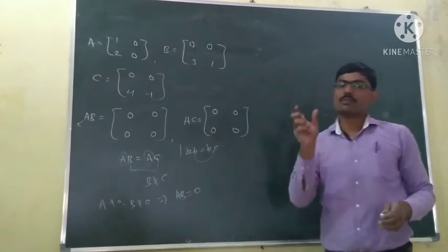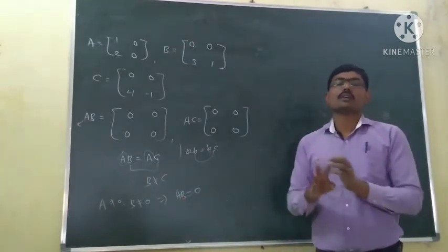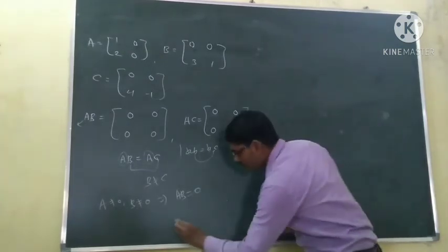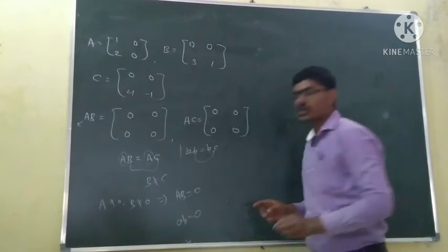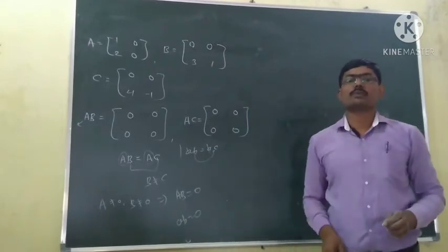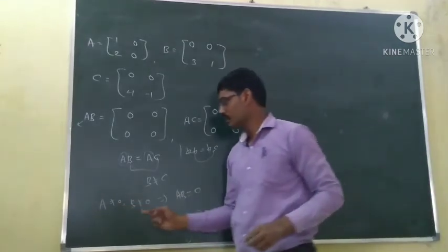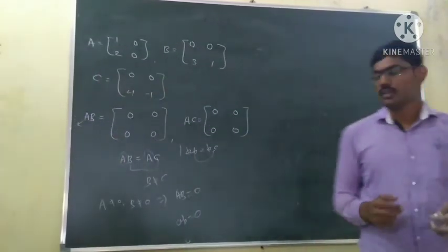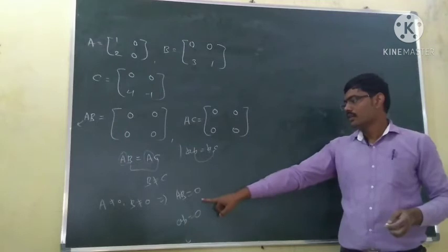Matrix multiplication may be 0 even though neither matrix is 0. But in real numbers, if the product of two numbers is 0, at least one number should be 0. This is not the case in matrices.